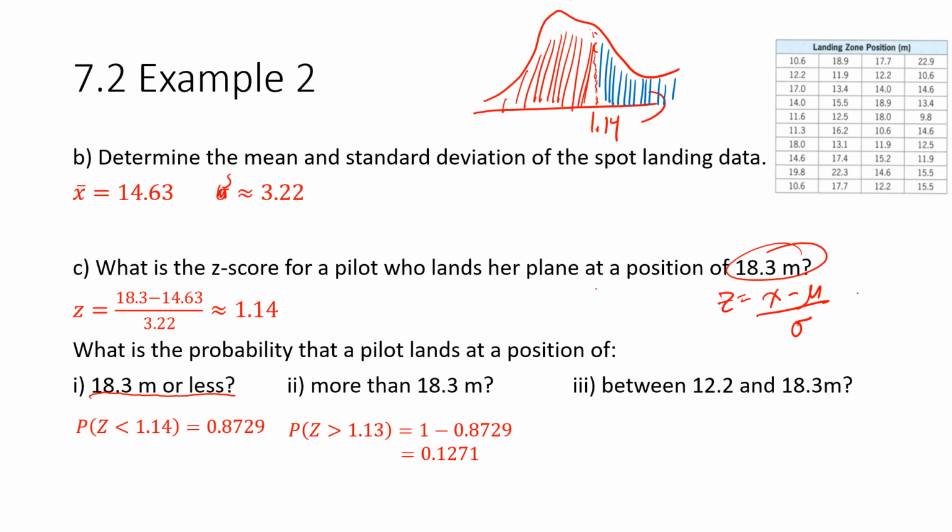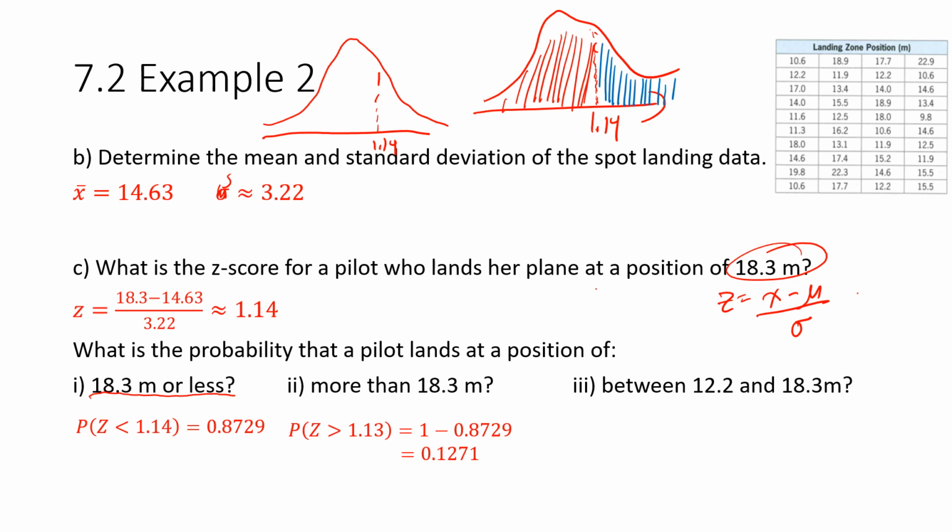All right, last one: between 12.2 and 18.3 meters. Again, looking at the normal distribution curve and how the z-score table works, we know 1.14 is right there.